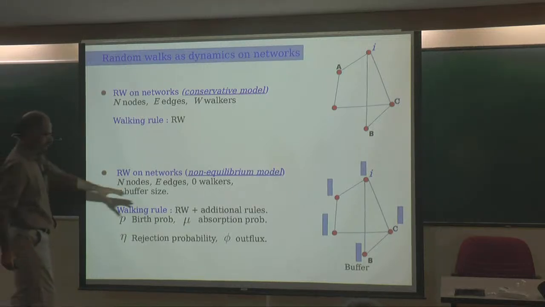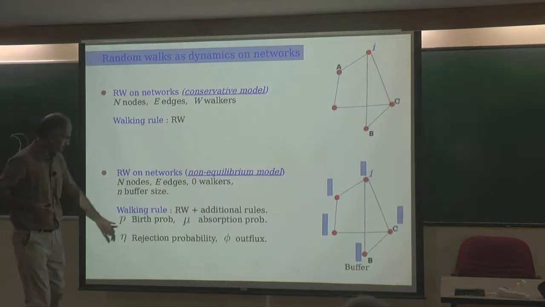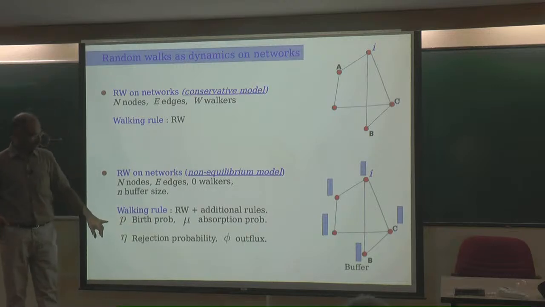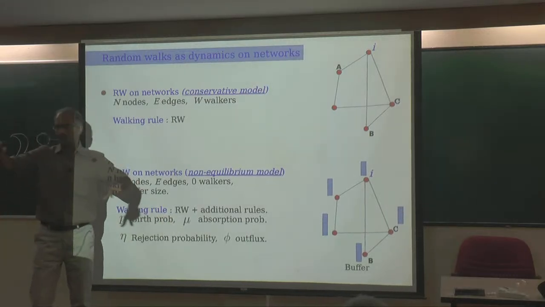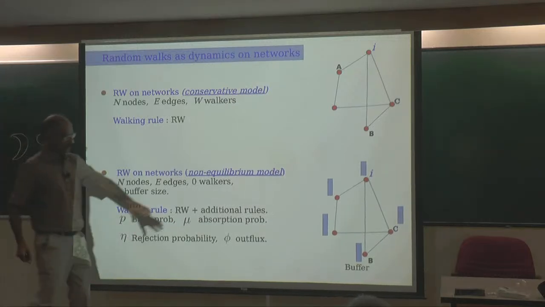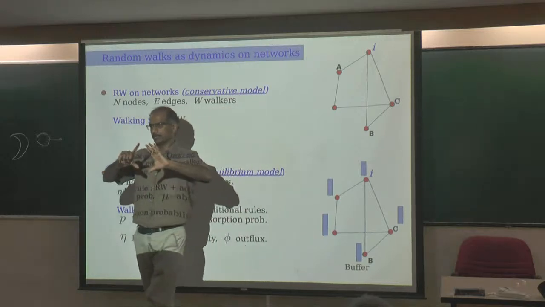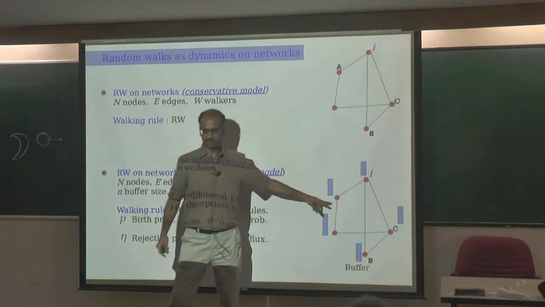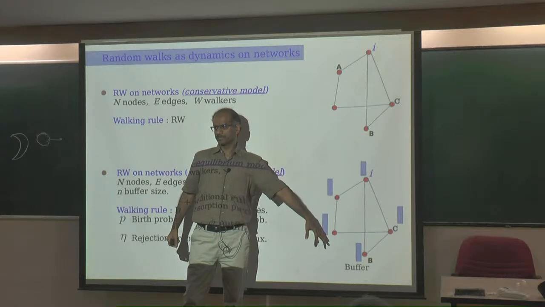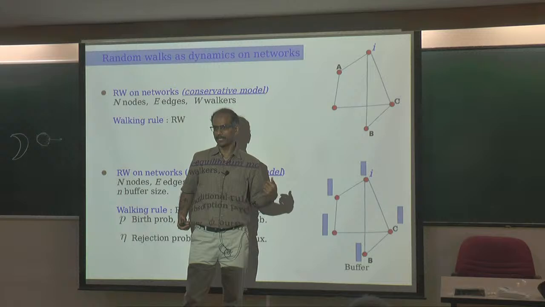For instance, you start with 0 walkers, but at every node there is a probability for the birth of walkers. There is a probability for a walker to be absorbed at that point, or you can actually in principle attach these buffers. So essentially they are queues created at each of these nodes, and they have variable size. So if the queue is full, this node will not be able to admit any more walkers.